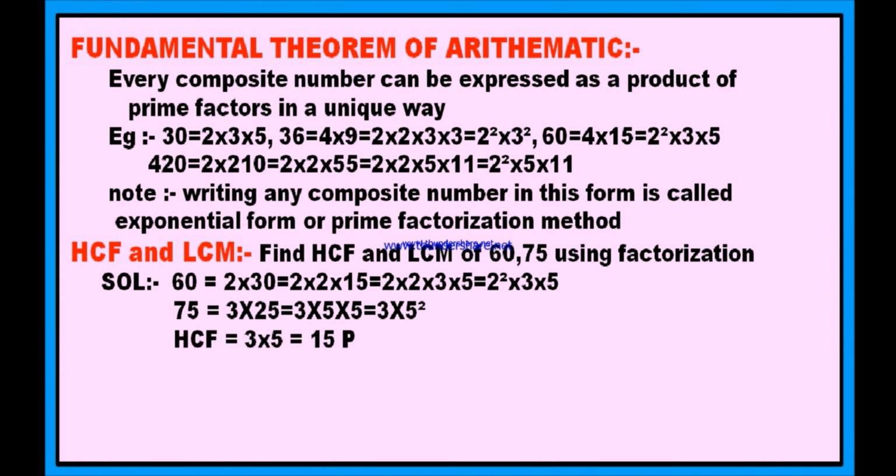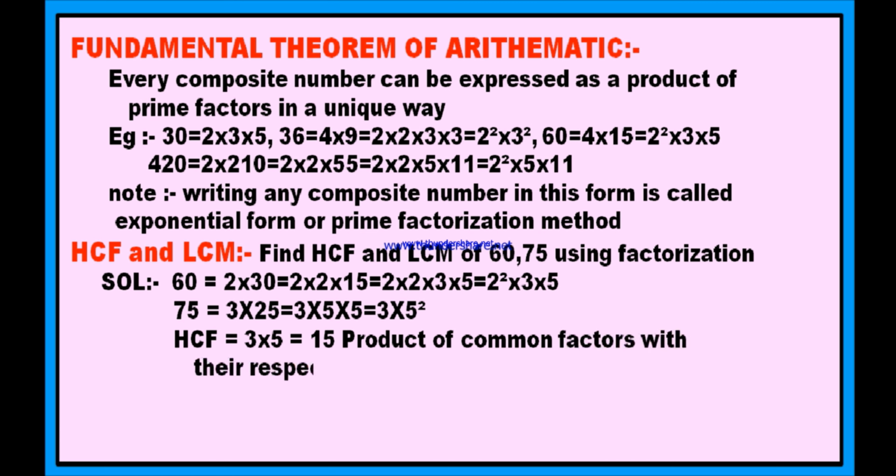Now we have to find the HCF. HCF means it is the product of common factors with their respective least exponents. You look at these two products. Here what are the common factors you pick up?